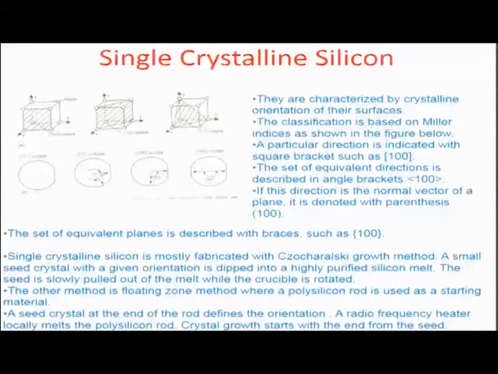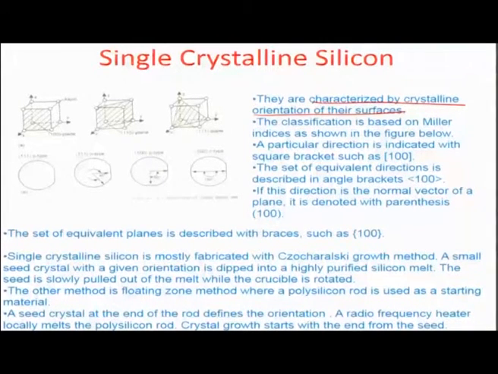Single crystalline silicon, for example, we know has a cubic lattice structure, and silicon is characterized by the crystalline orientation of the corresponding surfaces which are accessed in different directions.